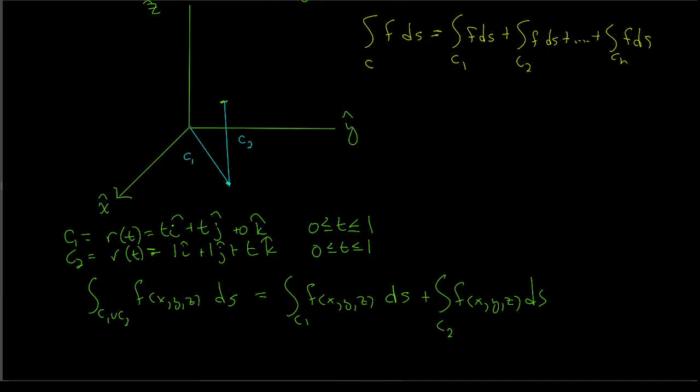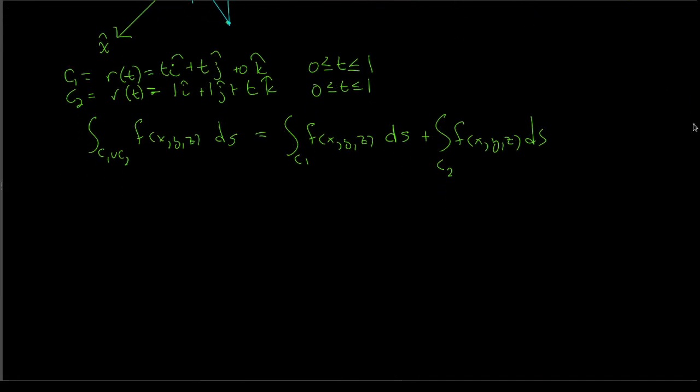Oh, now I need to turn off my grids now. And this is equivalent then to going from 0 to 1 of my function with t, t, 0, because that's how my position vector is going. And I guess the norm, right, we'll take our derivatives v of t here.